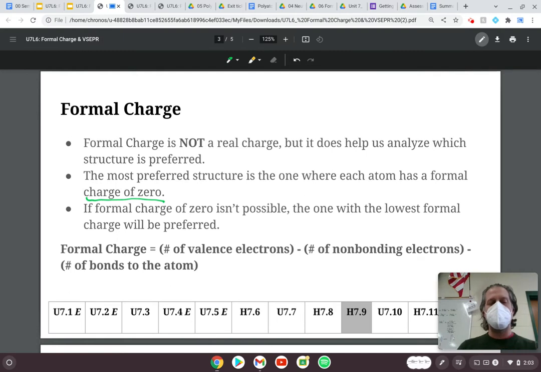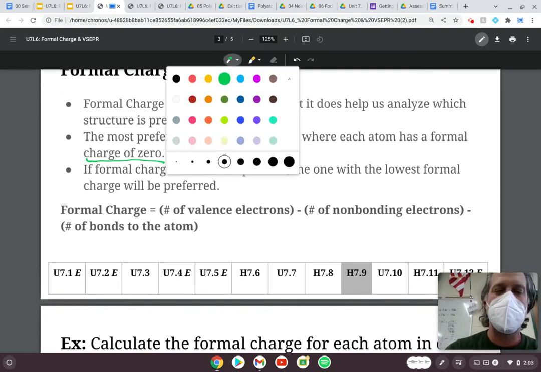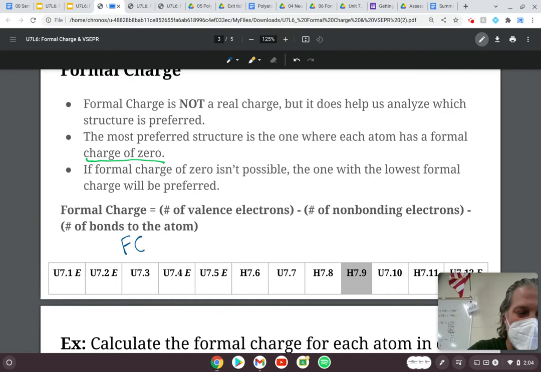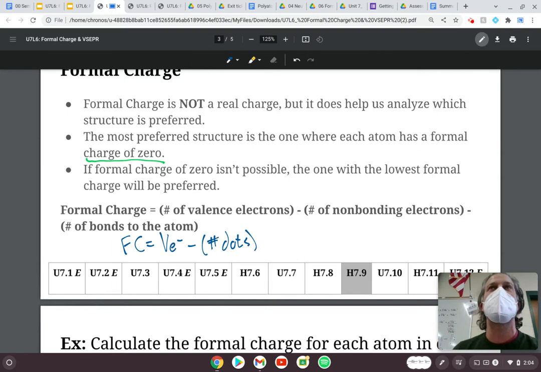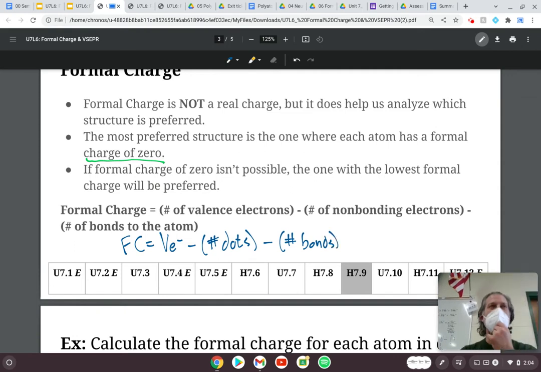There is a math formula associated with formal charge, and it's really difficult and complicated. Formal charge is equal to valence electrons minus number of non-bonding electrons, or in our world, we just might say number of dots, minus number of bonds to that atom.